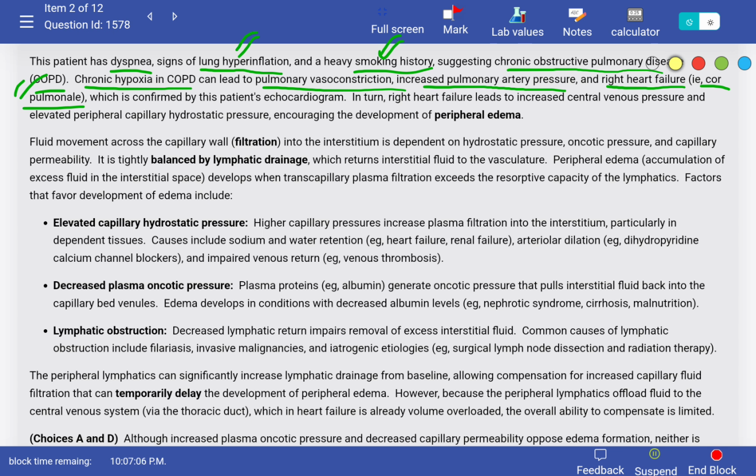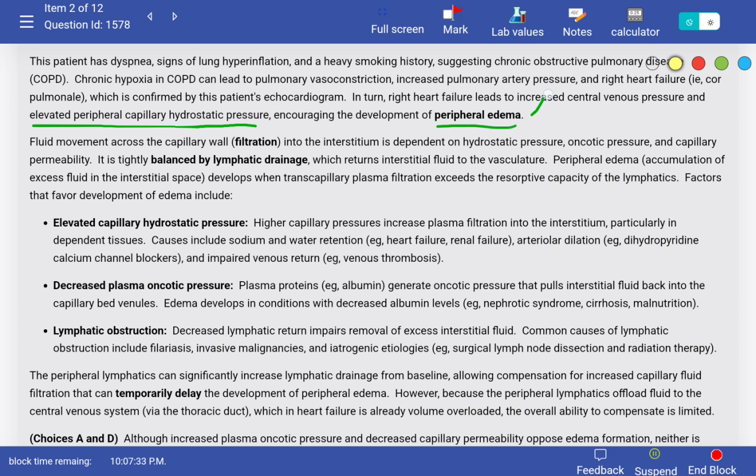In turn, right heart failure leads to increased central venous pressure, because the fluid will not move forward from the ventricles. Let's say fluid over here will not move in, it will accumulate over here. So with that, elevated peripheral capillary hydrostatic pressure encourages the development of peripheral edema.